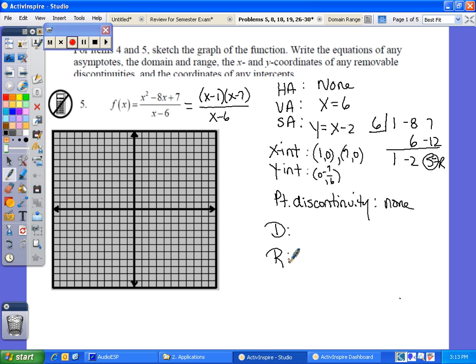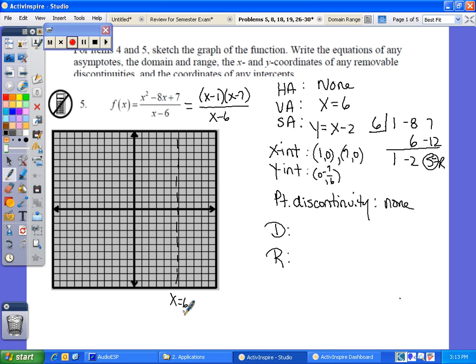Okay, let's take a look at our graph first, and then that'll help us analyze the domain and range. We have a vertical asymptote at 6. So 1, 2, 3, 4, 5, 6. x equals 6. I identify that on the graph. And then we have a slant asymptote. Now I'm going to use the skills that you have from Algebra 1.